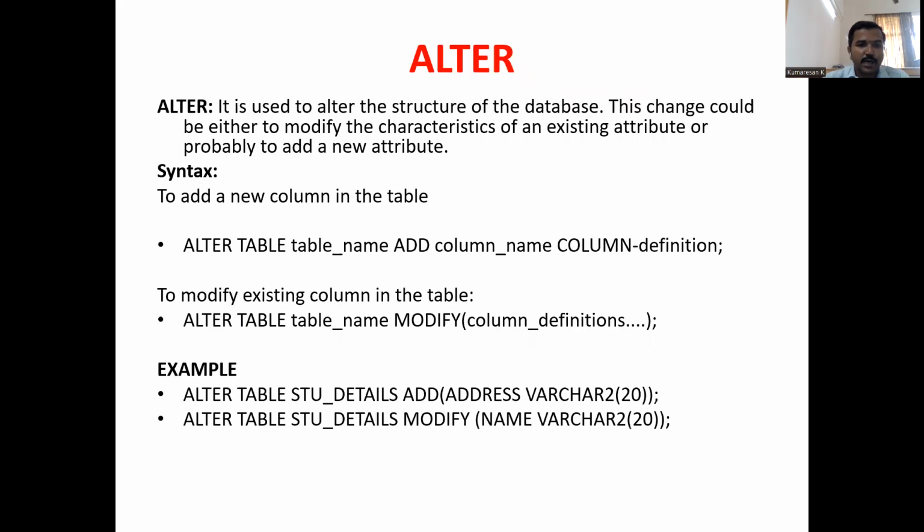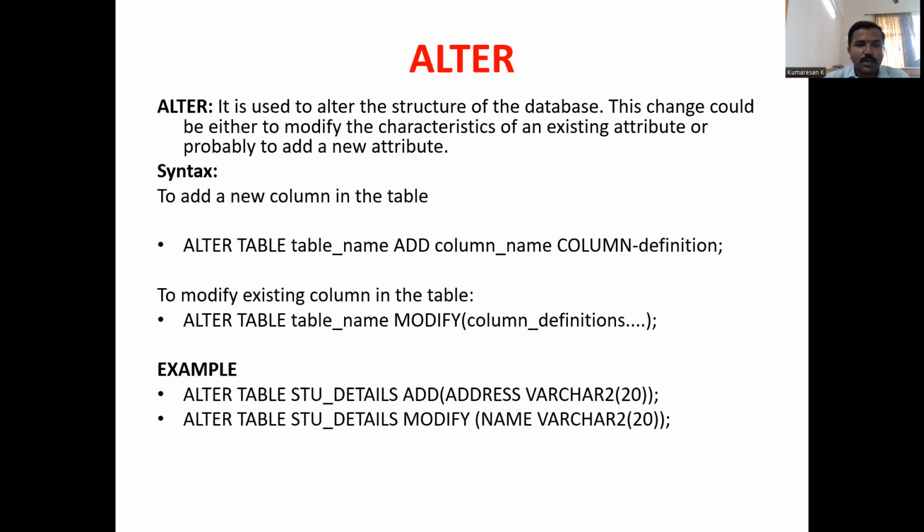And second one is alter. So we can alter any field or column; that is also done using alter. It is used to alter the structure of the database. This change could be either to modify the characteristics of the existing attributes. Attributes means here column. Okay, row means tuple.